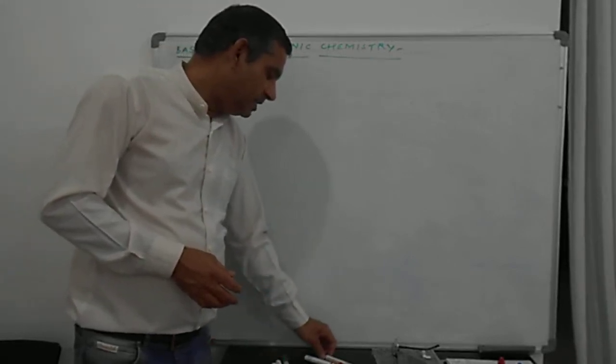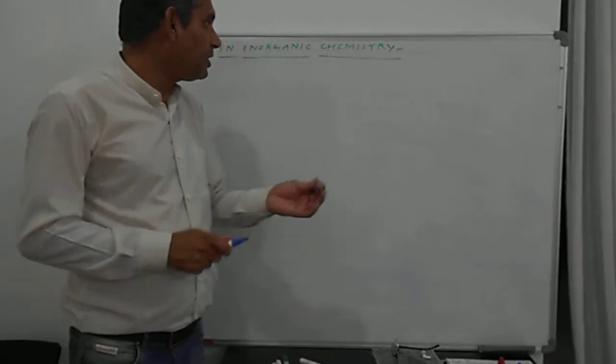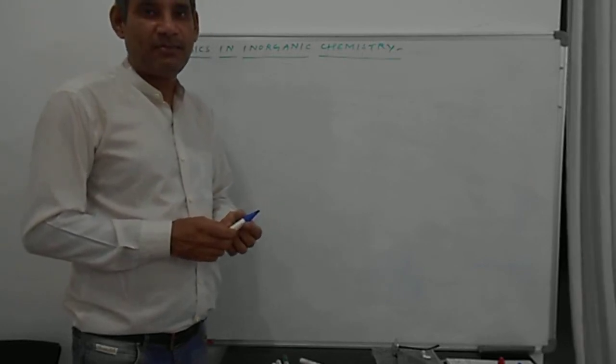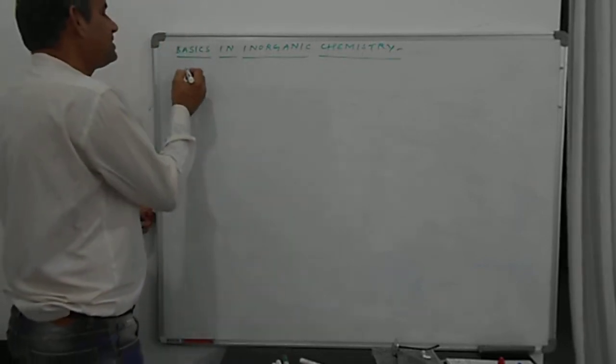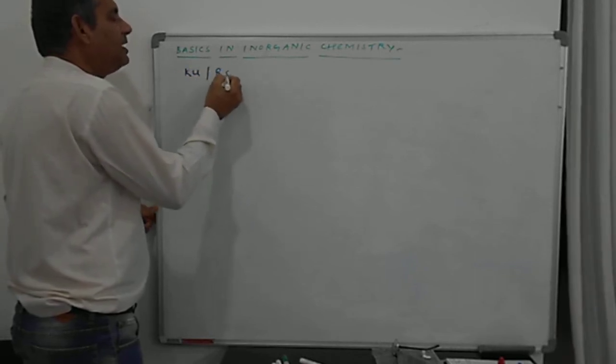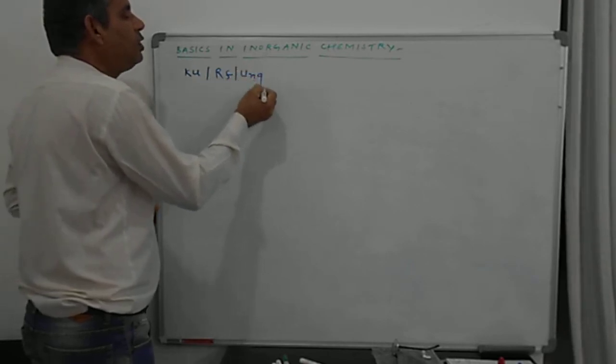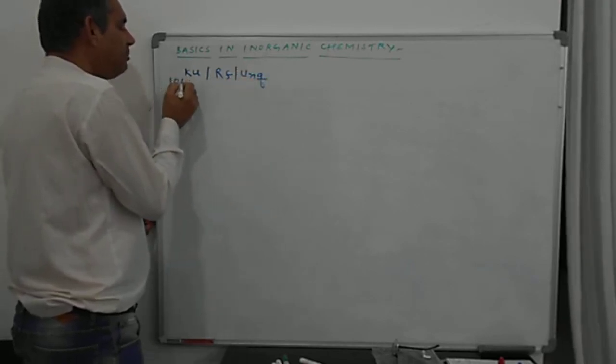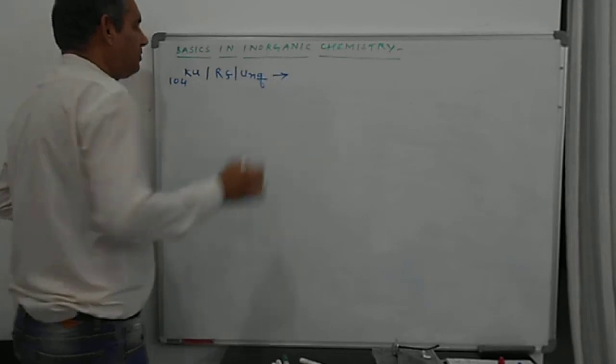See, in these important basics in inorganic chemistry, the first point: we will take an element, kurchatovium, rutherfordium or unnilquadium. Its atomic number is 104.